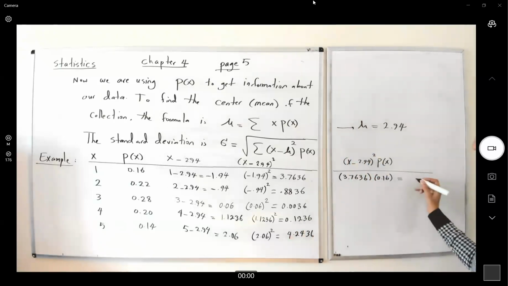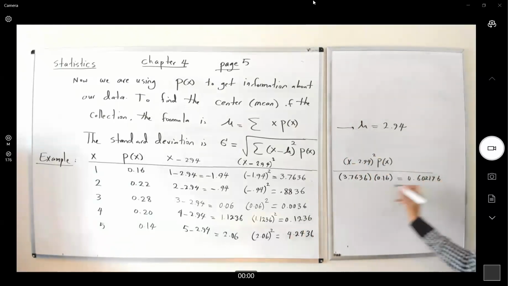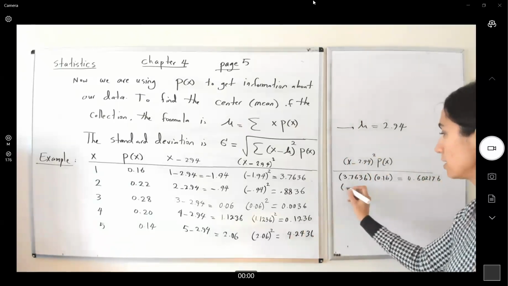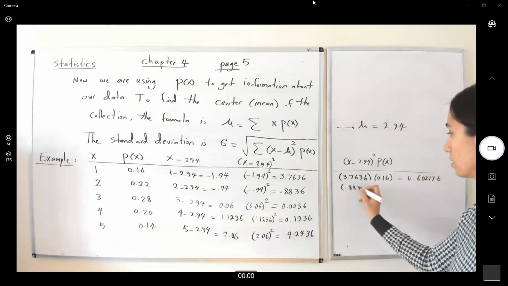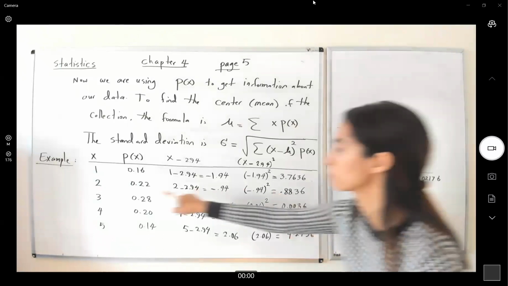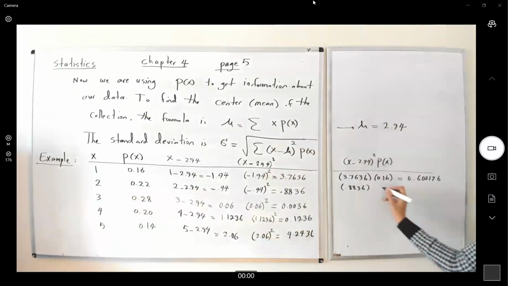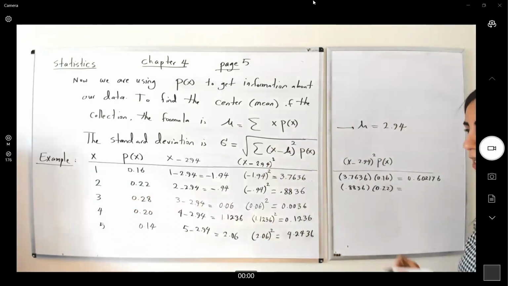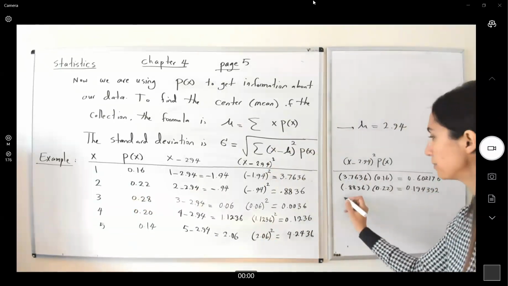So now you have 0.602176. Then you multiply this number, 0.8836, by its probability, which is 22%, 0.22, and you get 0.194392.